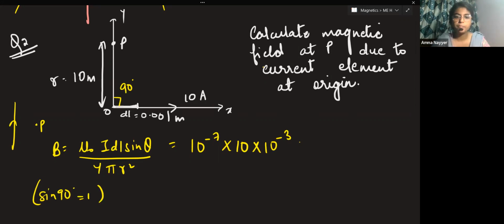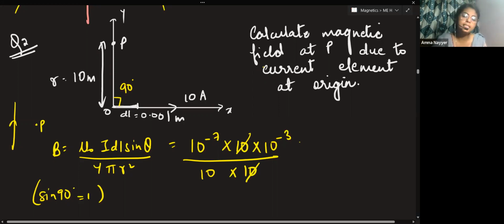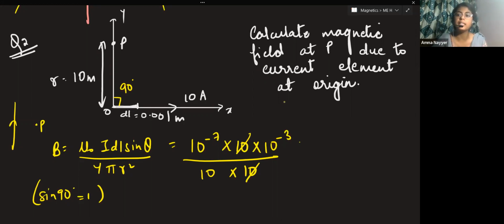Divided by 4 pi, which was already considered under mu naught, so we write 10 to the power minus 7 and combine it. r square, r is given as 10, that becomes 10 into 10. The 10s cancel, so this becomes 10 to the power minus 10 into 10 to the power minus 1, that is 10 to the power minus 11 Tesla.